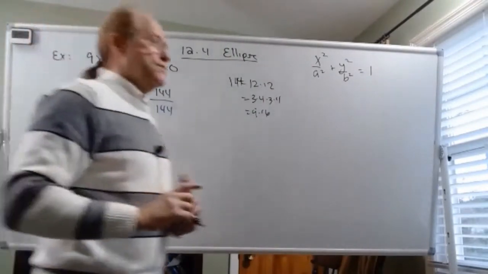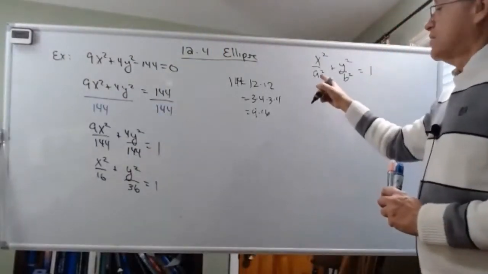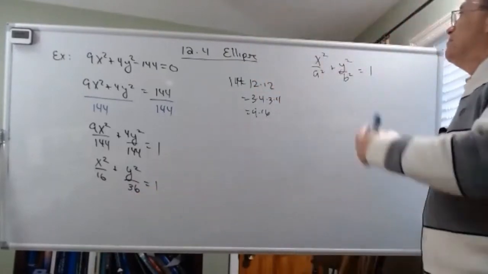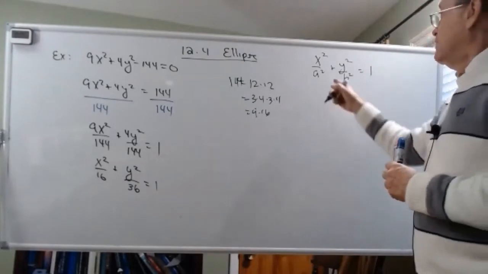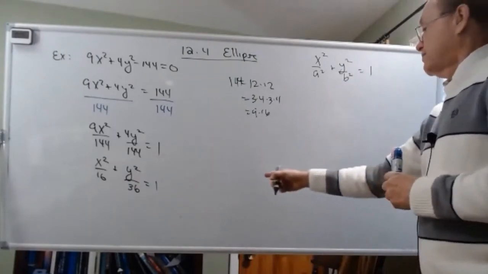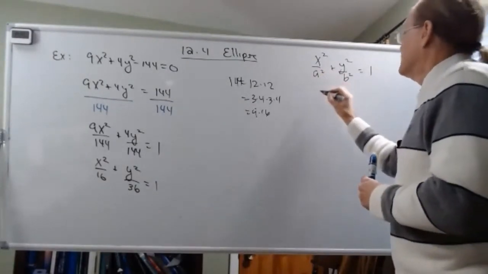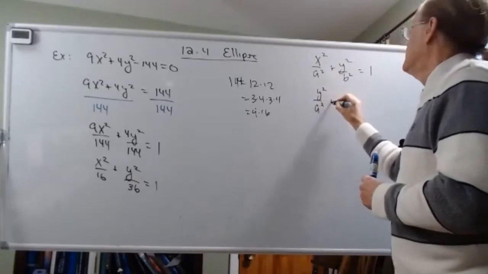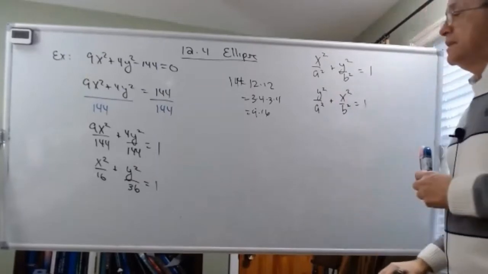Okay, something changed here. In this case, the larger number is under the y squared. So that means my major and minor axes have just switched on me. Instead of having my major axis along the x, it's now along the y. So I should really be comparing it to y squared over a squared plus x squared over b squared is equal to 1.